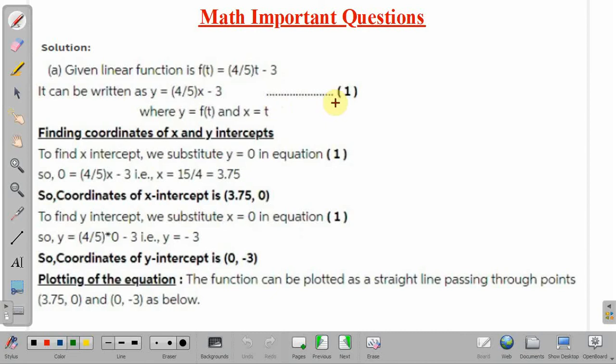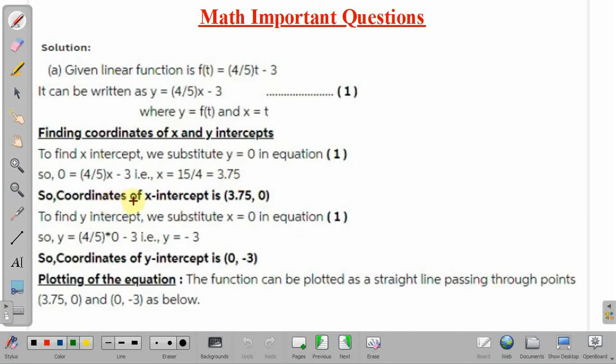So now we have to find coordinates of x and y intercept. To get the coordinate of x intercept, we have to substitute y equal to 0 in the given equation. So substituting y equal to 0, we will get 0 equal to 4 by 5 x minus 3. From this we will get x equal to 3.75.